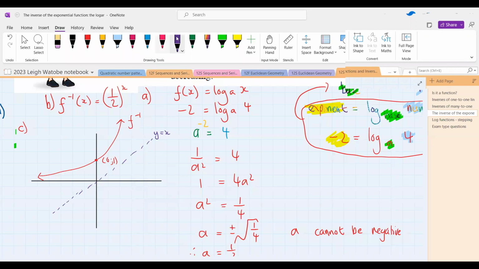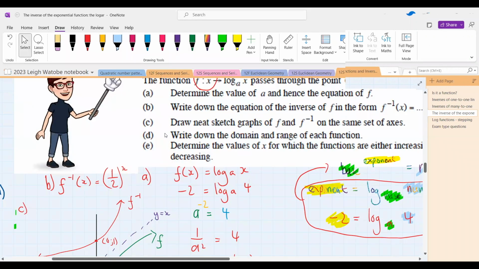And then that point over there would be (1, 0), and that's not going to change. And that was our original graph, f, like so. What we would need to label are intercepts with axes, our line y equals x, and then our graphs. Okay, so I have done that now for part C.